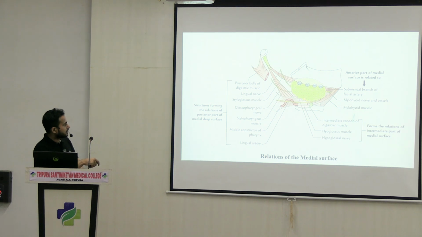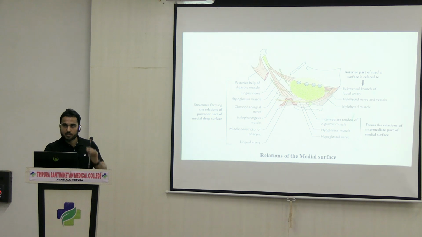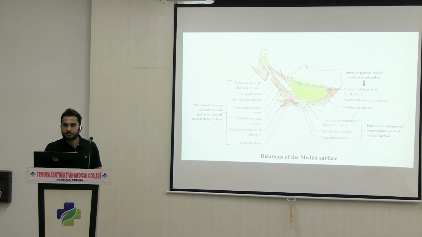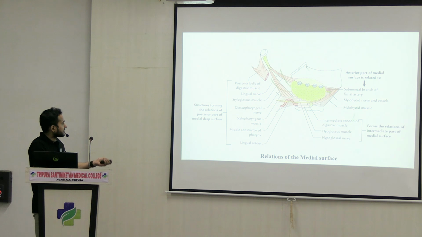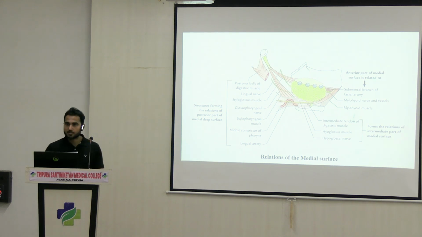These are situated in the intermediate part, on the medial surface of the gland. Next, these are the relations situated on the posterior aspect: the posterior belly of the digastric, lingual nerve, glossopharyngeal nerve and stylopharyngeus muscle. All these structures are situated on the posterior aspect of the medial surface of the gland.